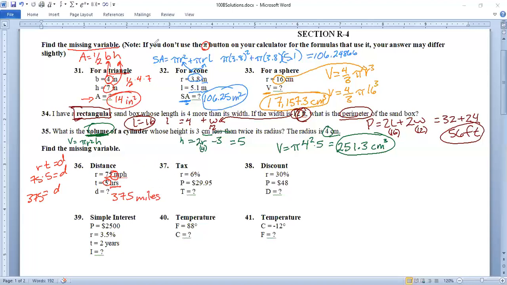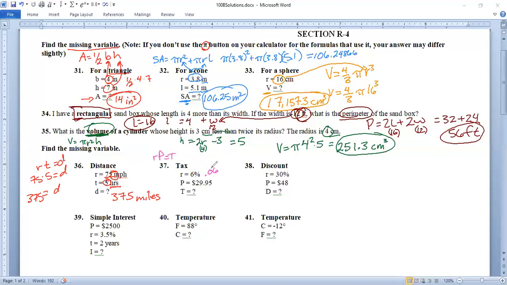Well, this was miles per hour, and this is hours, so that must be 375 miles. All right, number 37 on tax. Tax rate, 6%, that's 0.06. I think the formula was rate times the price is going to be the tax.